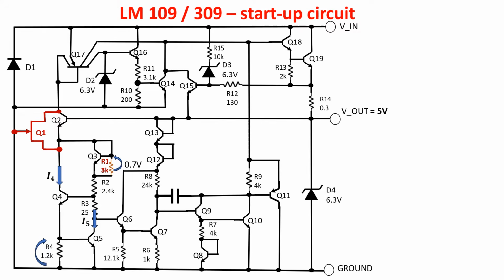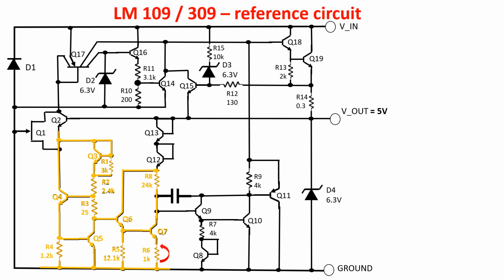The collector of Q2 is the input of the current mirror composed by Q17, a PNP lateral multi-collector BJT. Q17 copies this current and spreads it, biasing the whole circuit, in particular the error amplifier and the Zener diode D2. Now, let's see the circuit producing the PTAT voltage on R6.